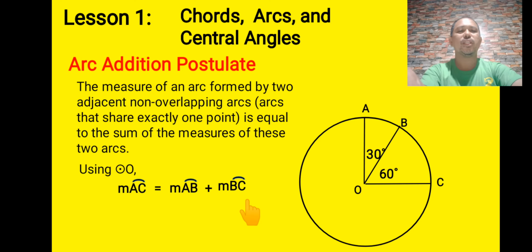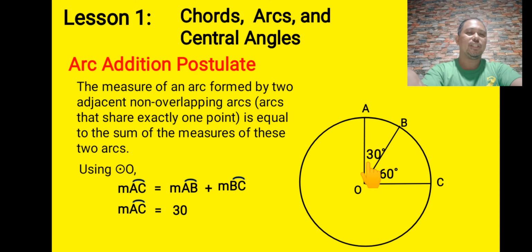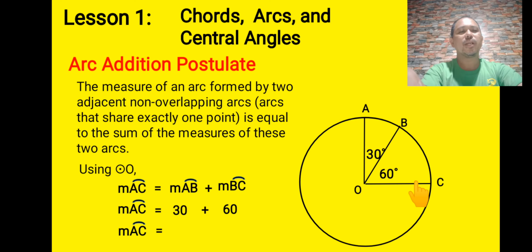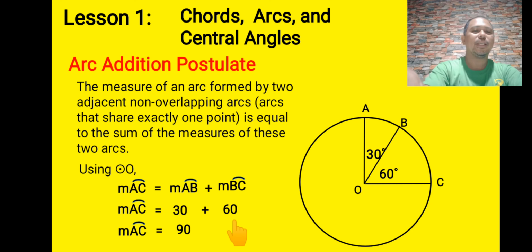Now, what is the measure of arc EB? This is 30. And what is the measure of arc BC? It is 60. Now 30 plus 60 is equal to 90.